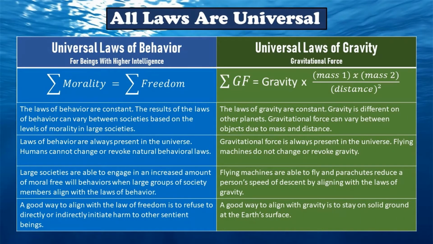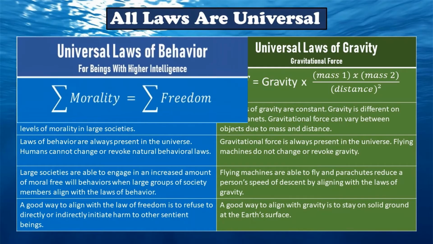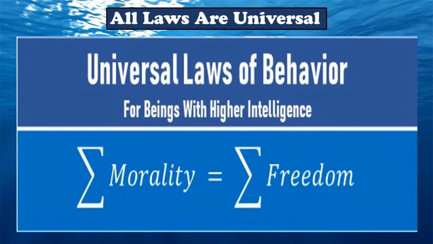All laws are universal. Back to this again, to the universal laws of behavior. Universal laws of behavior for beings with higher intelligence on this planet Earth, that's human beings. And the sum of morality equals the sum of freedom.